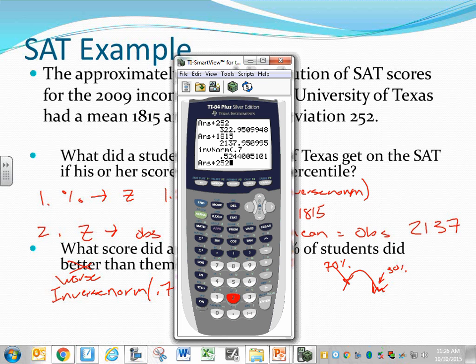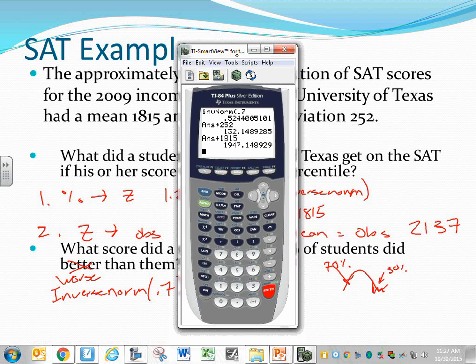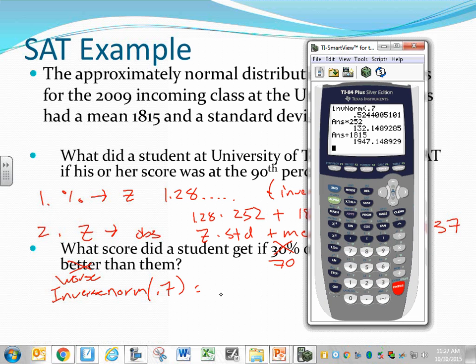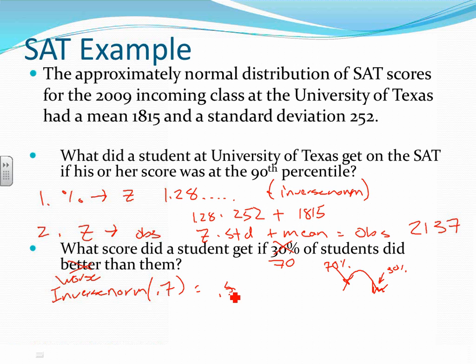So I just press multiply and it goes answer times, and then I'll add my mean, and I get 1947, okay? So this is 0.52 around. Take that number, times it by your standard deviation, add your mean, you get your value.